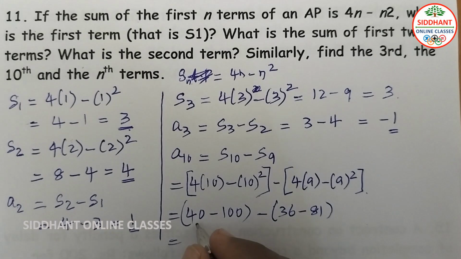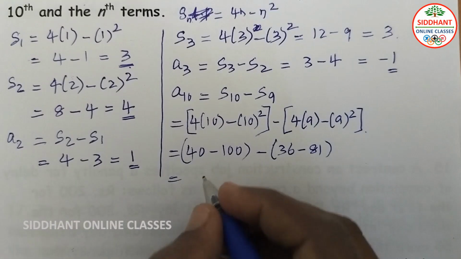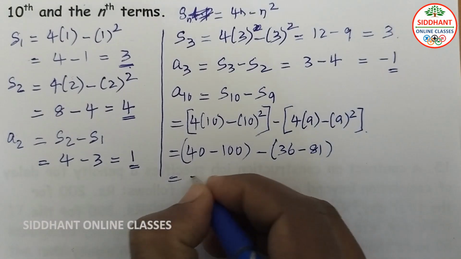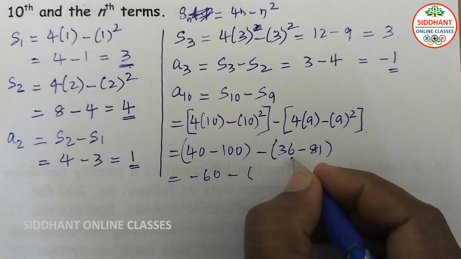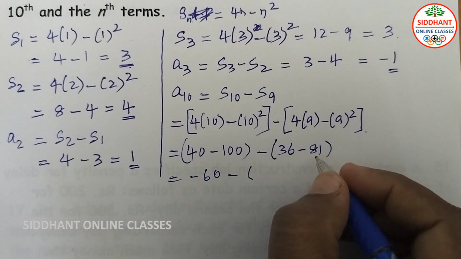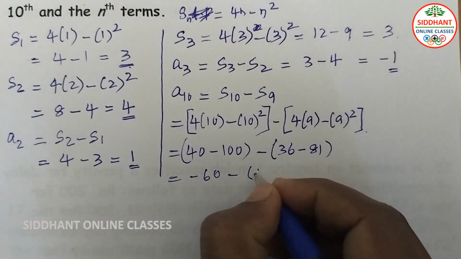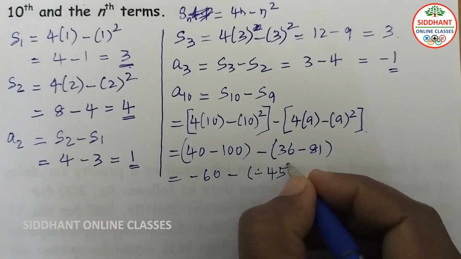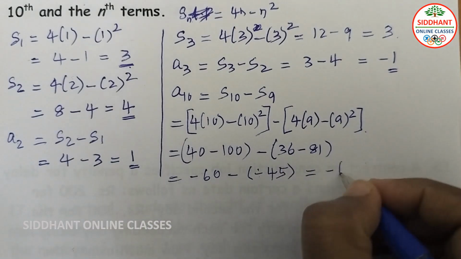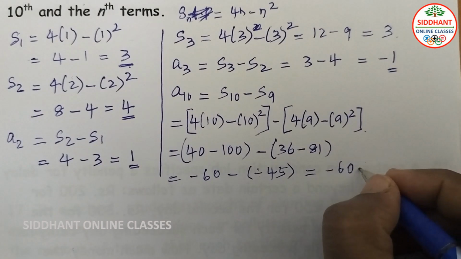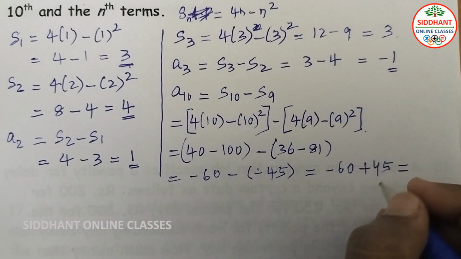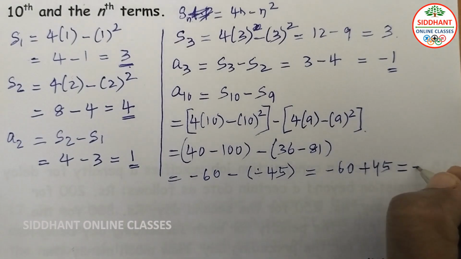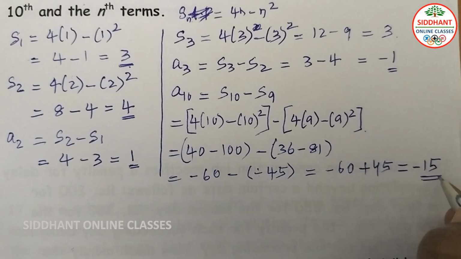So that equals 40 minus 100, which will be minus 60 here, and here 36 minus 81, which will be minus 45. So that equals minus 60, minus into minus plus 45, and that equals minus 60 plus 45, which will be minus 15 here. So this is S10 here.